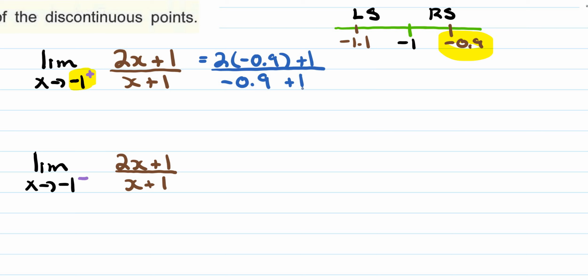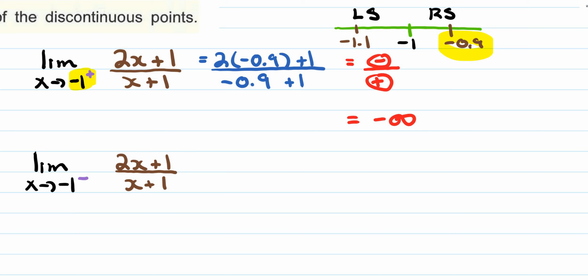If I evaluate those numbers, the numerator is going to be negative, and the denominator is going to be positive. So negative over positive is going to be negative infinity. As we approach -1 from the right-hand side, we get negative infinity.